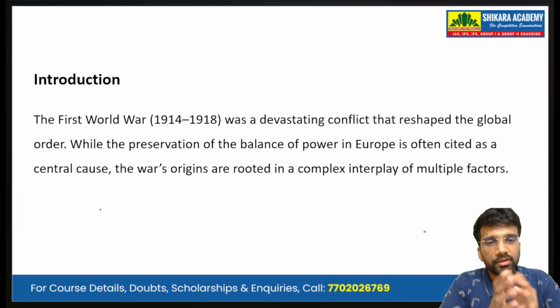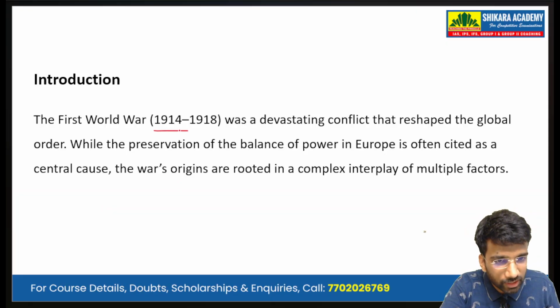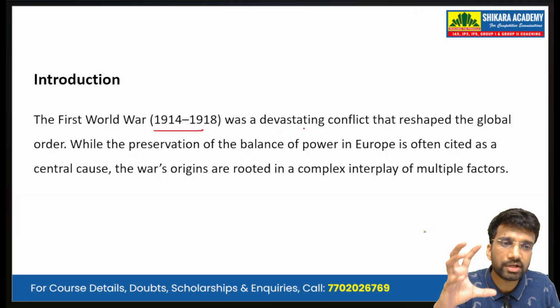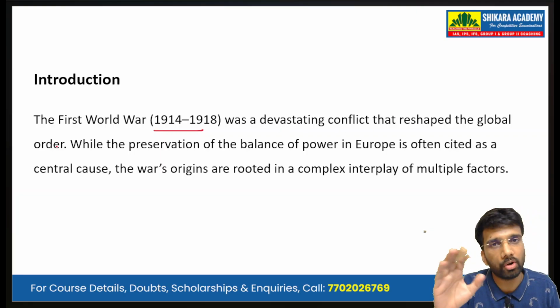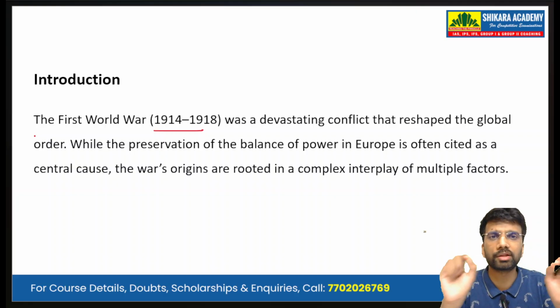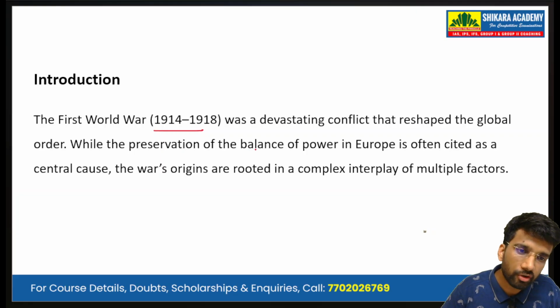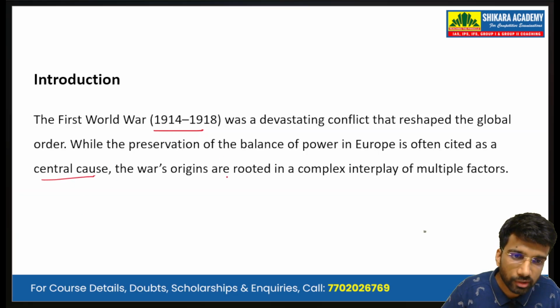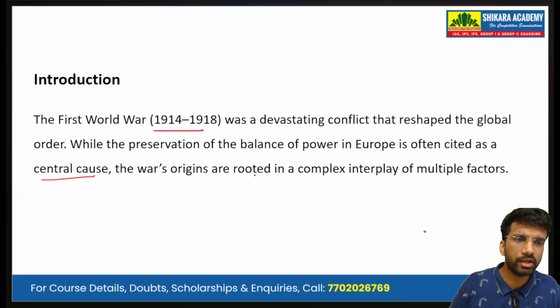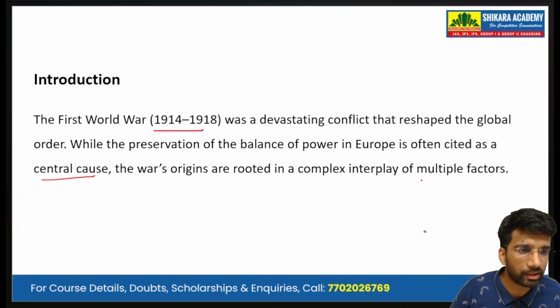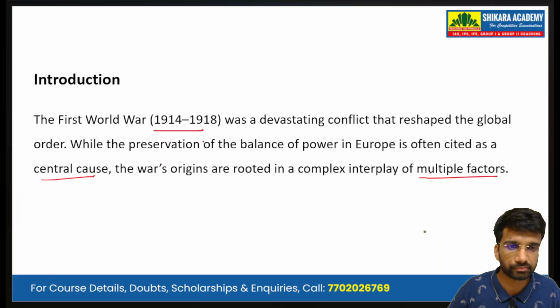Now, the introduction. The First World War, give the time frame, was a devastating conflict that reshaped the global order. Just a one-line description of the First World War. Now, the preservation of balance of power in Europe is often cited as the central cause, but the war's origins are rooted in a complex interplay of multiple factors.